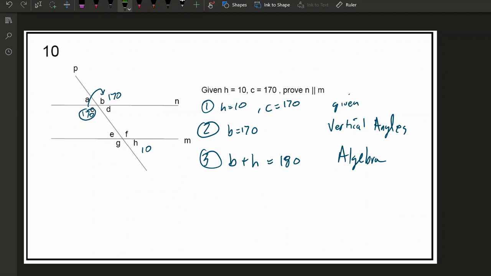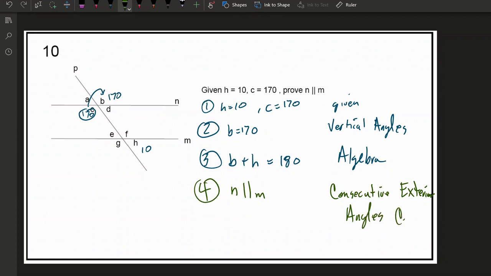And now step 4, I can say, since B and H add up to 180, N must be parallel to M because of the consecutive exterior angles converse.